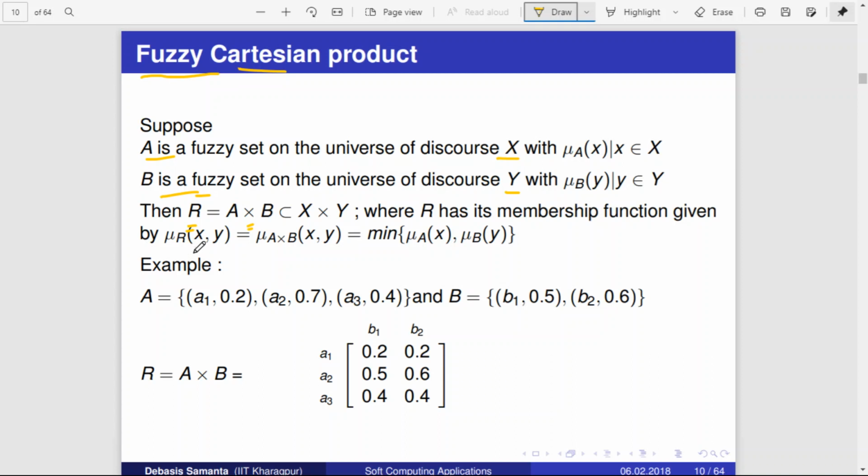Mu R of x comma y, fuzzy set. Okay, not fuzzy relation, I'm sorry, fuzzy set.